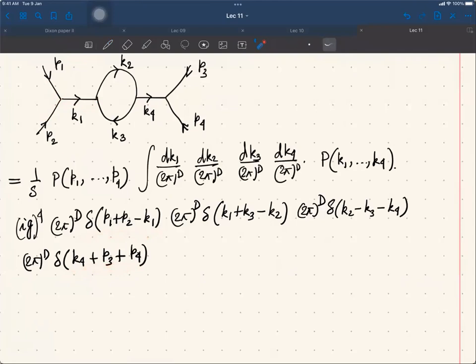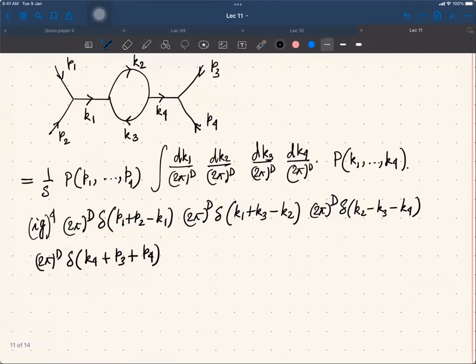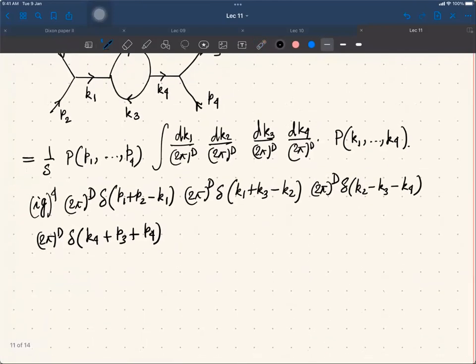And therefore let me first eliminate K1 and K4 this way. So it is 1/s P1 to P4. So the K1 integral will be removed, and these two delta functions will be used.